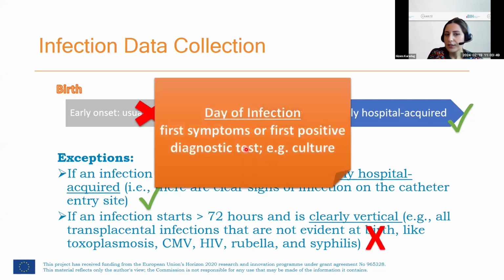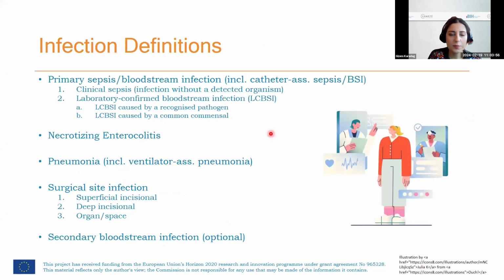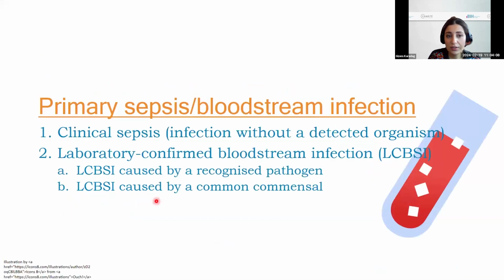And the day of infection, as I said, is always the day of first symptoms or first positive diagnostic test. So these are the infections that we collect data on: primary sepsis, NEC, pneumonia, surgical site infection, and optionally secondary bloodstream infection.